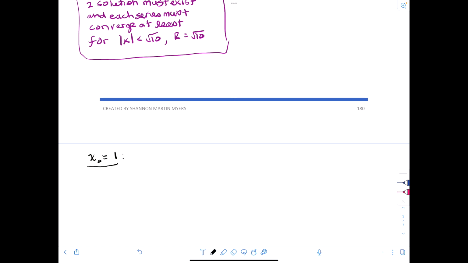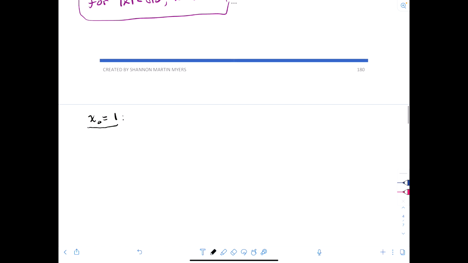So when we take a look at our a2, if we set it at x equal to 1, then we would have x squared minus 2x plus 10 equal to 1, which gives us x squared minus 2x plus 9 is 0.